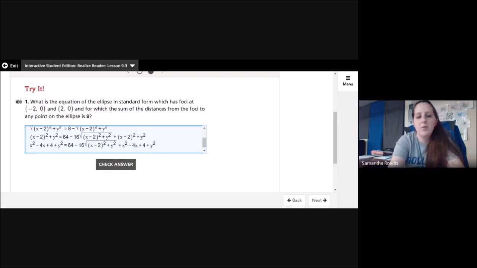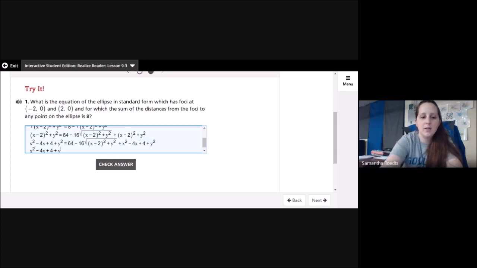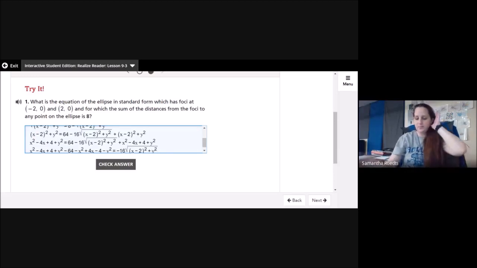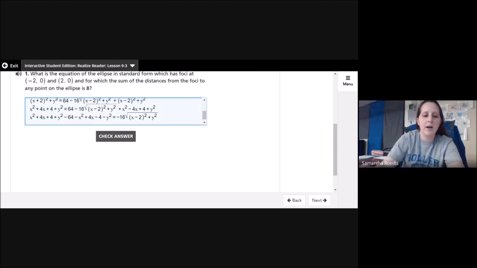I'm going to move everything except the square root, isolating the square root on one side of my equation. Then I'm going to combine like terms.